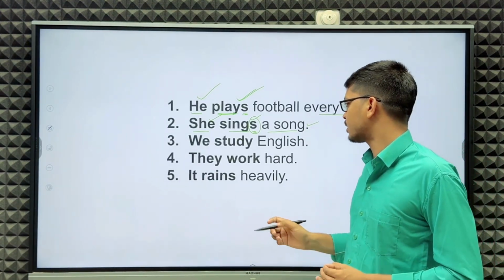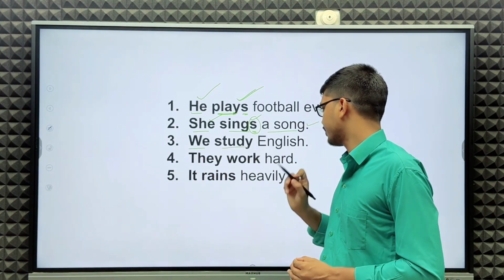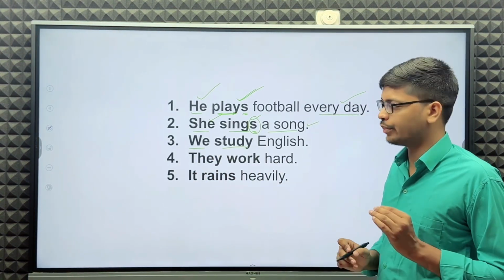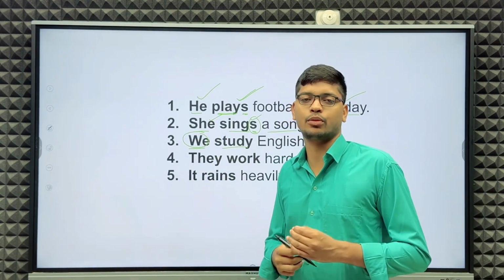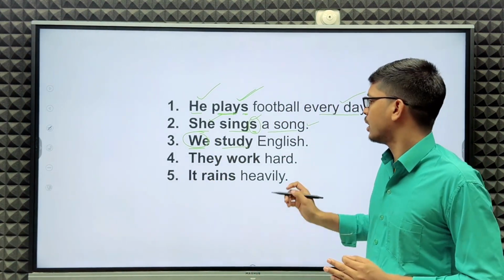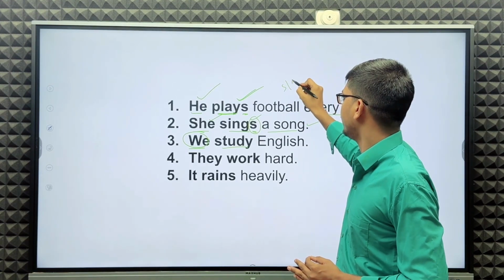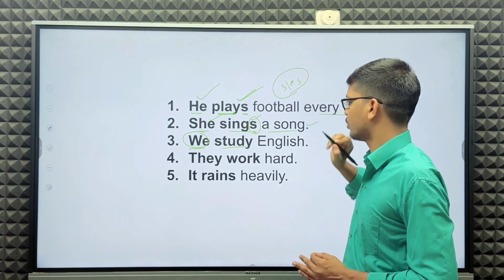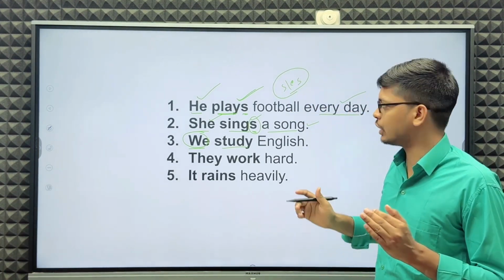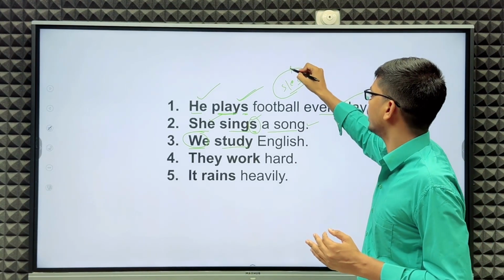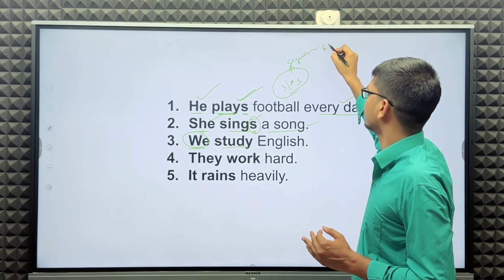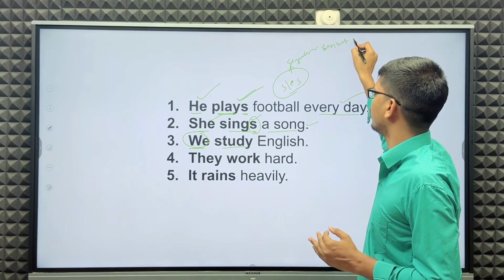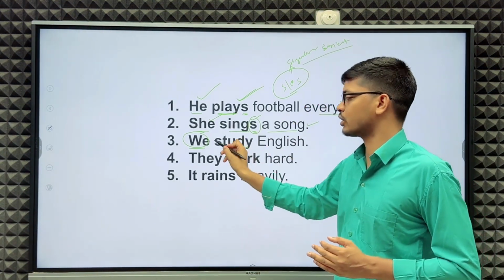Next, we study English. You know, with a plural subject or plural pronoun we can't use the s or es form. We have to use the s or es form only with a singular subject.